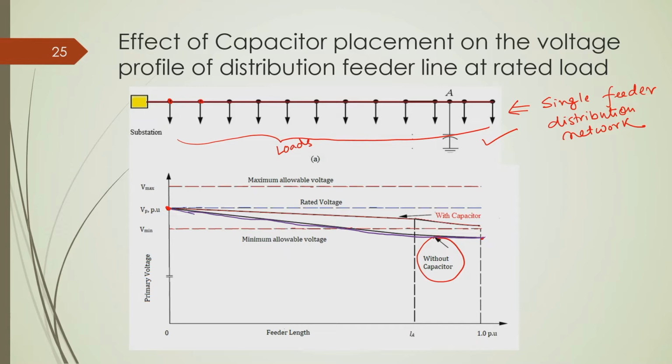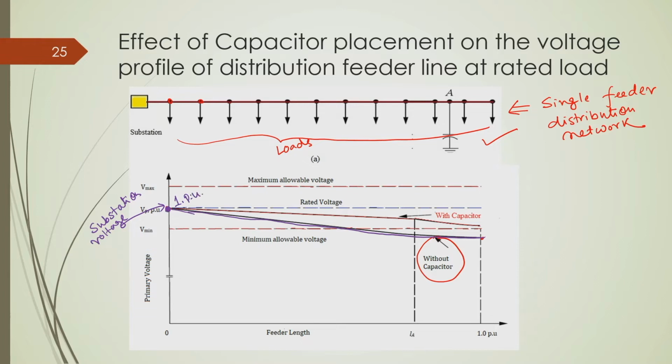But obviously, this voltage profile will fall starting from the substation voltage. So, this is our substation voltage, and we usually keep this substation voltage as 1 per unit.